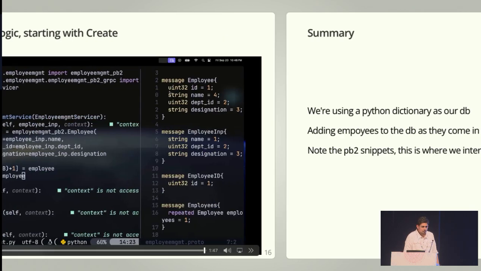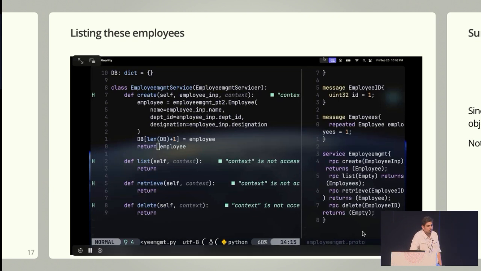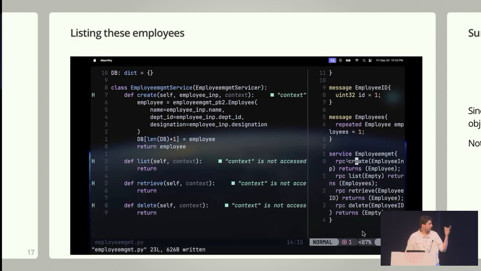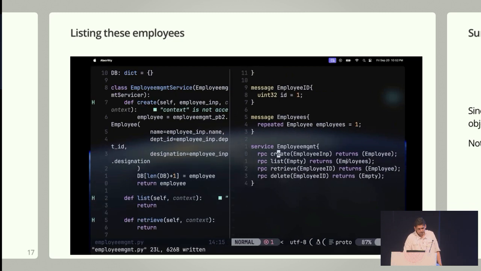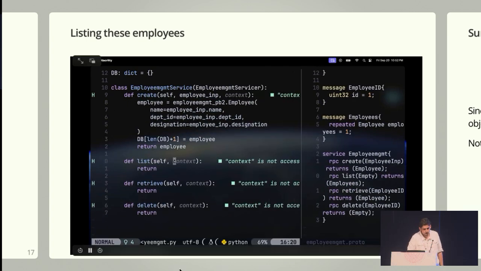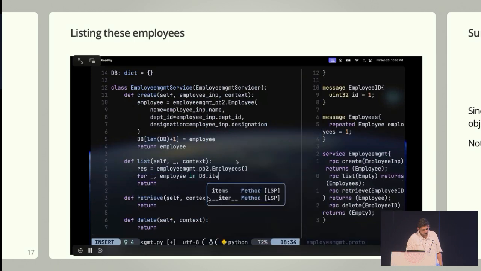There's that. So we have create, now let's look at list. So list is slightly interesting. So we have this database where I have essentially ID to proto file directly. So that essentially makes it slightly simpler. But if I had it serialized as JSON, or if I had it saved in the database, I'd have to convert it back to pb2 objects.